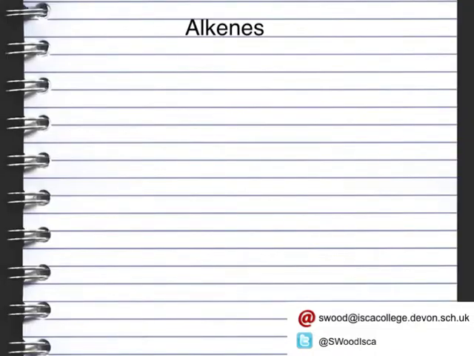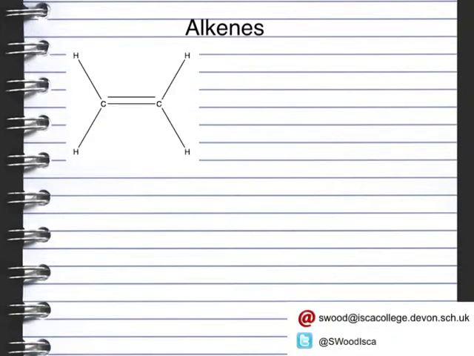Alkenes are similar to alkanes in the fact that they are hydrocarbons. Now, they have a slightly different structure, and the structure includes what we call a double bond between two of the carbon atoms. So what we're going to do is have a look at a few examples of alkenes. The first one we've got here is ethene, which, similar to its alkane cousin, has two carbon atoms.